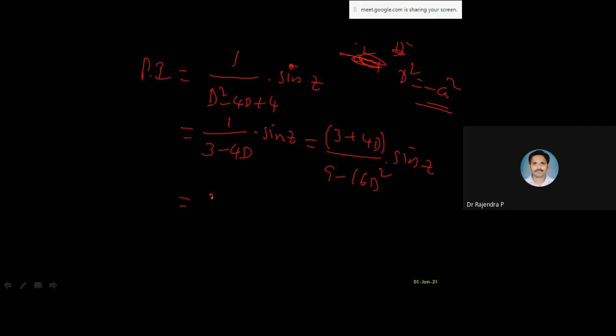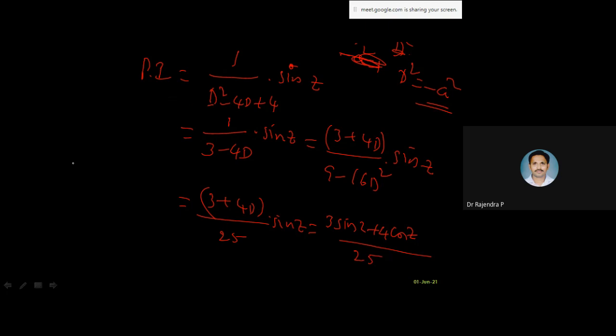What is the numerator? 3 plus 4d, divided by denominator, which will be minus 1 minus 16 plus 9, that will be 25 into sin z. So this sin z, we can multiply 3 times sin z in the numerator, plus 4 times the derivative of sin z, which becomes 4 cos z, by 25.